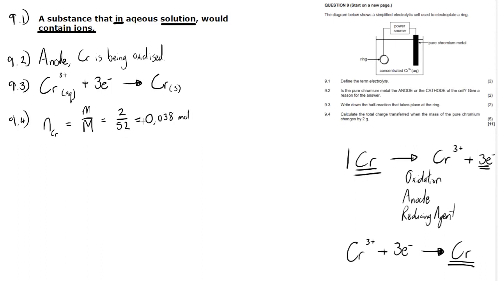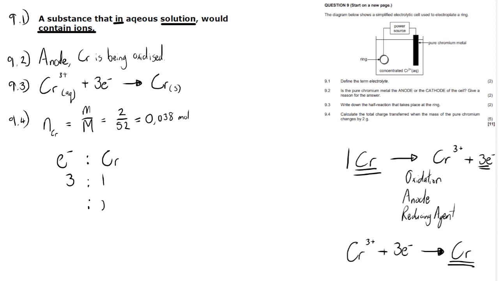And they also always tell us at the start of every test that we do, round off your final answer to 2 decimals. This is not our final answer, and so we won't round off to 2 decimals. We will only round off in our final answer. All right, and so the ratio of the number of electrons to chromium is a 3-to-1 ratio.